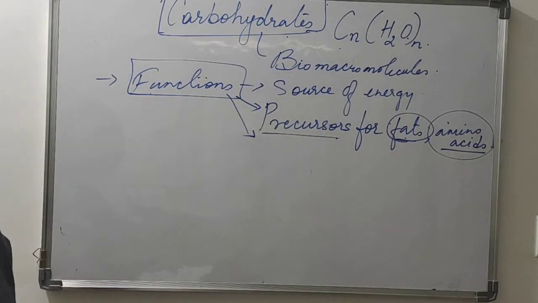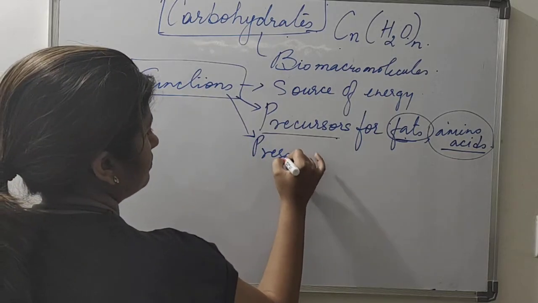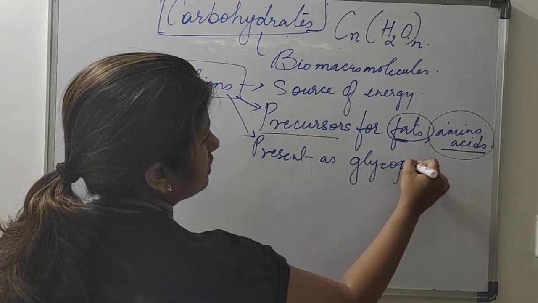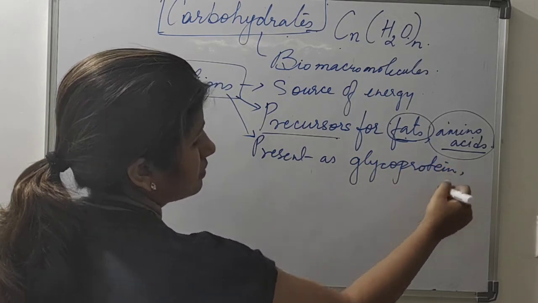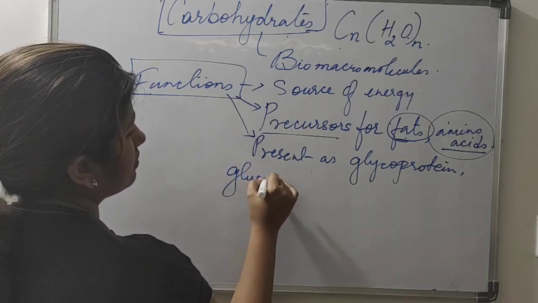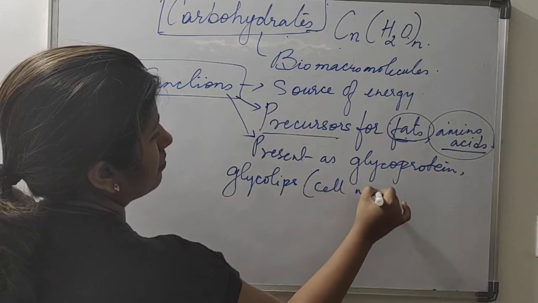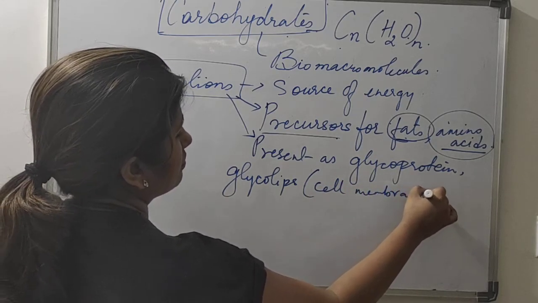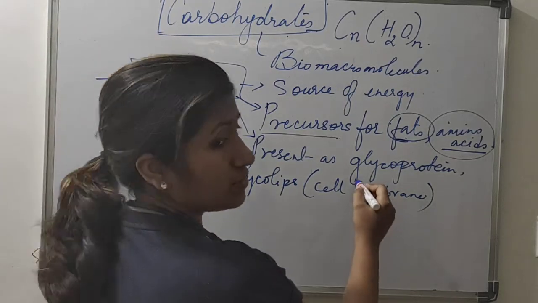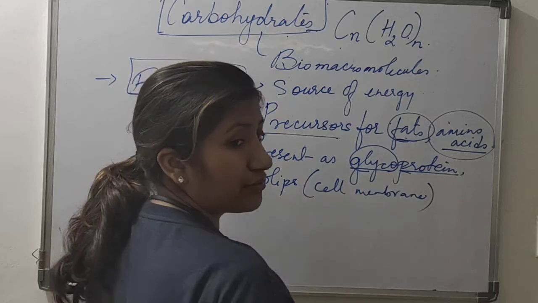Next, they are present as glycoproteins and glycolipids in the cell membrane. That means carbohydrate is associated with protein; this glyco refers to carbohydrate.